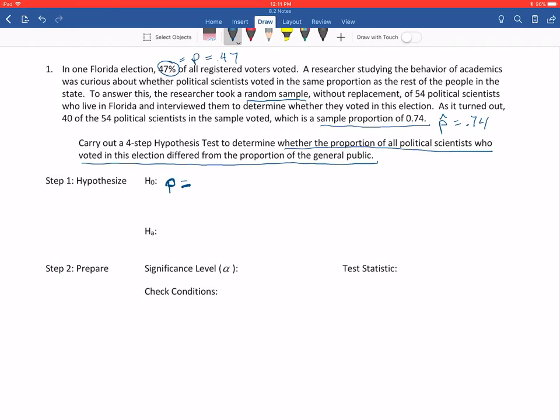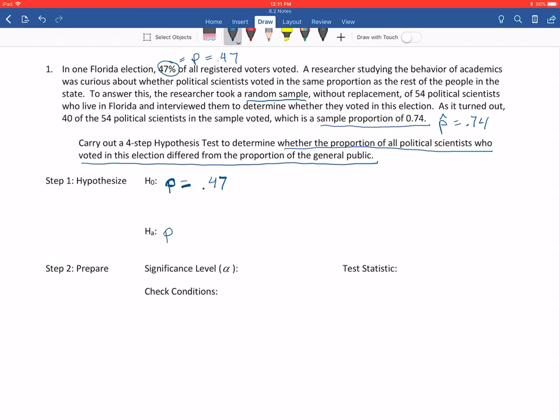Again, the null is always that P equals something, the accepted value, like the boring value. So here, it would be that P equals 0.47, right? That there's nothing interesting at all going on with the political scientists, that they vote just like everybody else does.